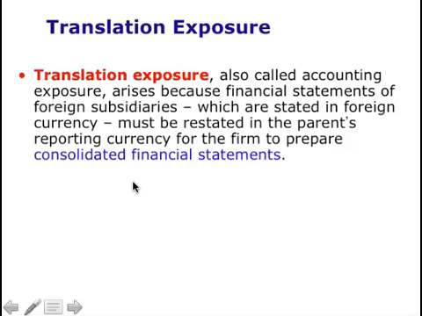Therefore, this will be affected by exchange rate movement. The exposure of the multinational corporation's consolidated financial statements to exchange rate fluctuation is known as translation exposure.